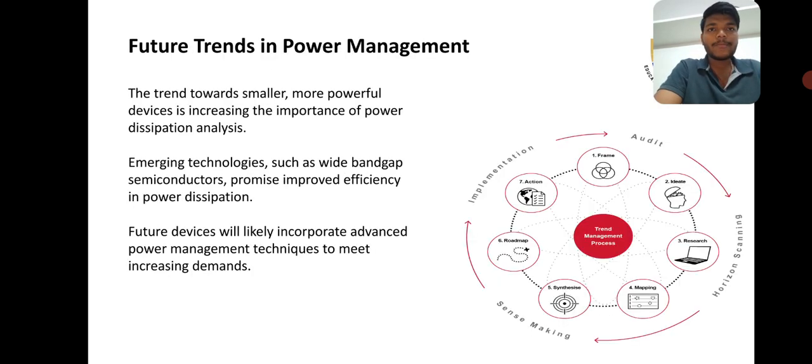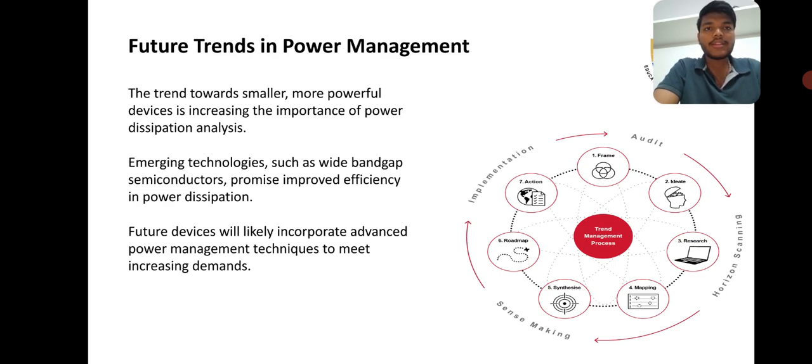And next one is future trends in power management. The trend towards smaller, more powerful devices is increasing the importance of power dissipation analysis.